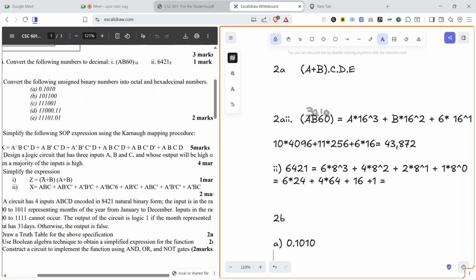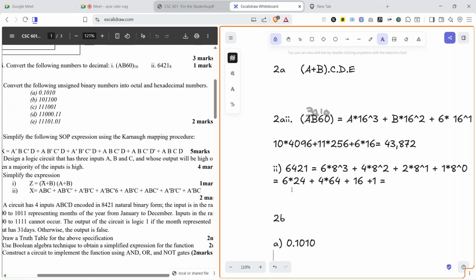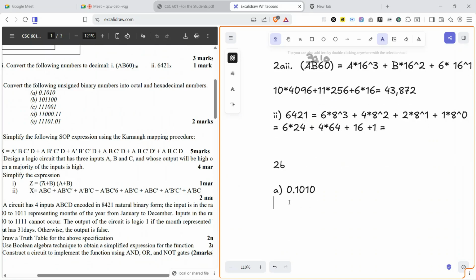For the octal, you would want to separate the numbers in threes. So for the numbers after the decimal point, it will now be 101 space 000. That is in arrangement of three. So then you have your results.